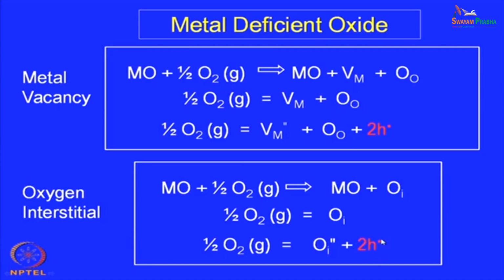Earlier, when it was oxygen deficient, it was 2 electrons; when it is metal deficient it is 2 holes, and that is as a rule true. That means you have to remember whenever there is a metal deficient oxide, electron holes are the mobile species, and we will see later on that they are p-type semiconductors.